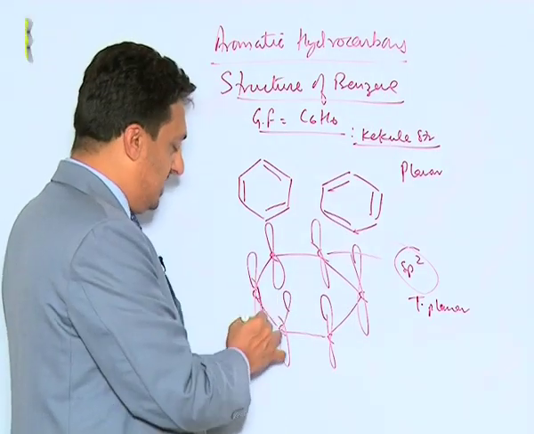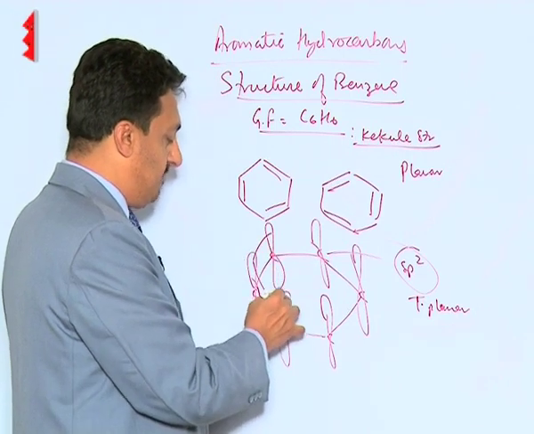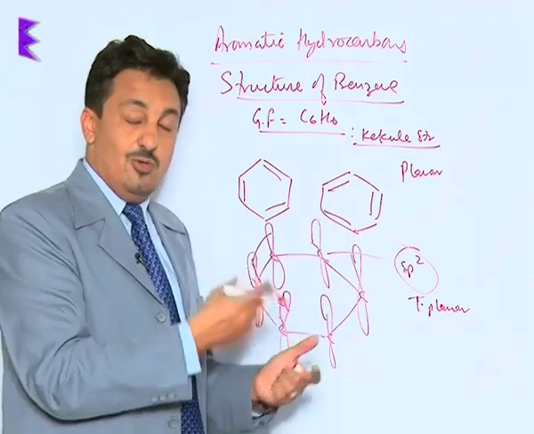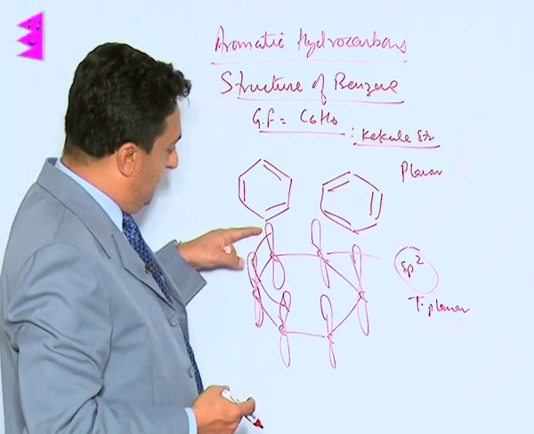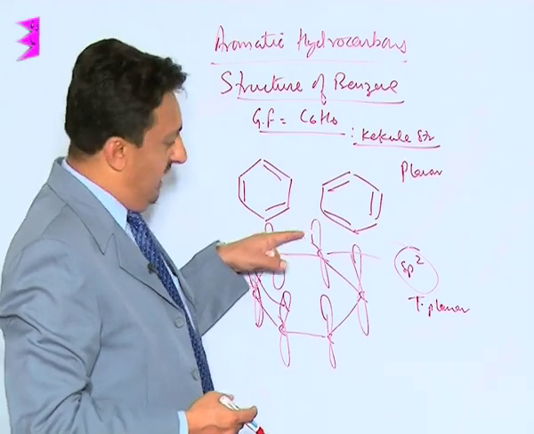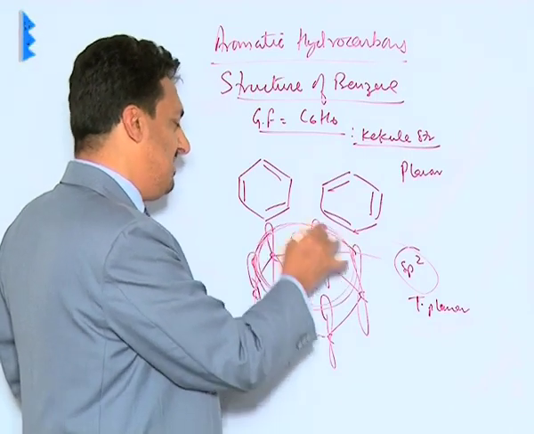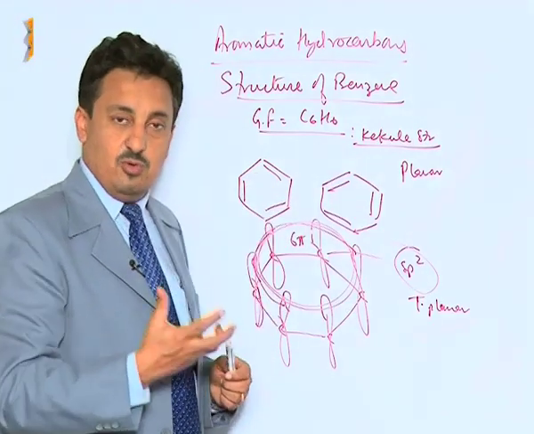Now these pz orbitals get sideways overlapped with the neighboring pz orbitals, and this gives this molecule the delocalization of the pi electrons. This p orbital can overlap with this also and with this also, and that is what makes these 6 pi electrons completely delocalized all along the ring, and that is what makes it more stable.